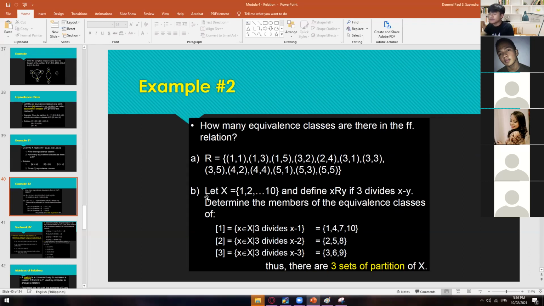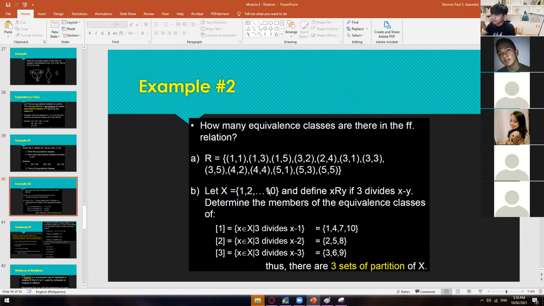So we have another example wherein let x be equal to 1 to 10 and define x is related to y if 3 divides x minus y. You can only say that we are in relation if we have met this condition. Determine the members of the equivalence classes, where y is already given.